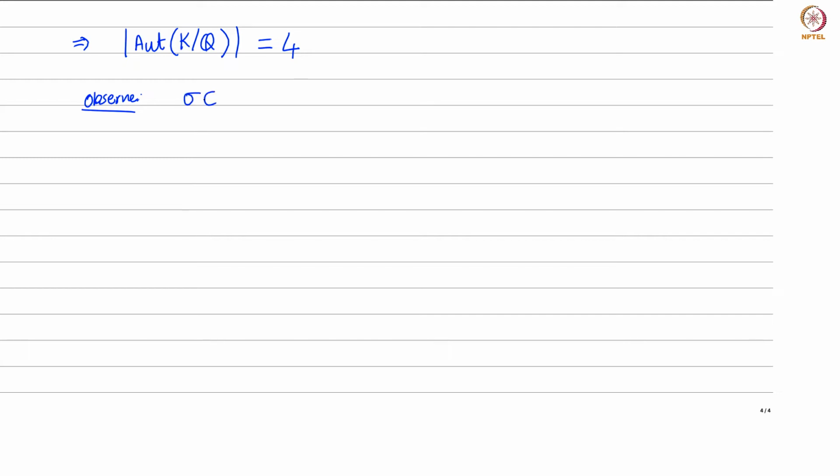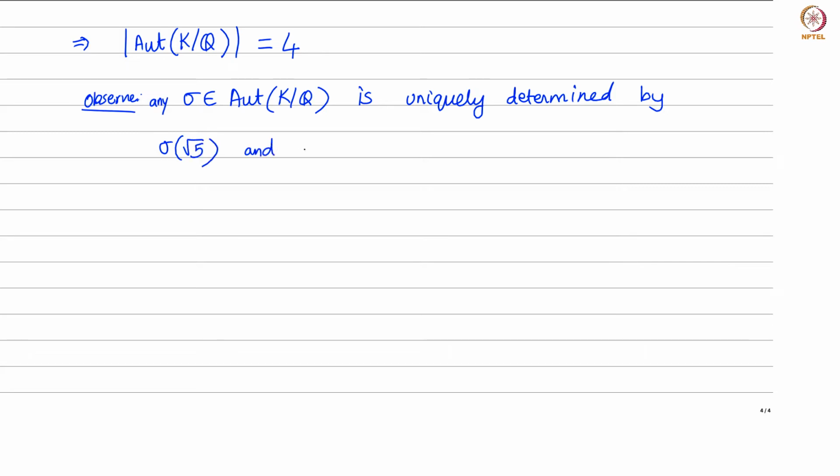So observe any element σ of the Galois group is uniquely determined by its action on the generators. Why? Because any other element of the field can be expressed as a polynomial in these generators, and so σ acting on that element can be uniquely computed.